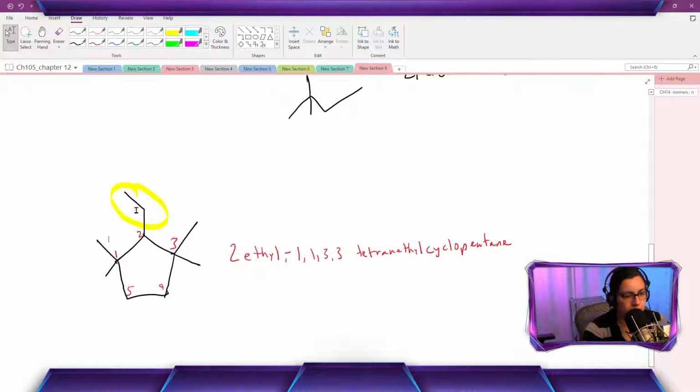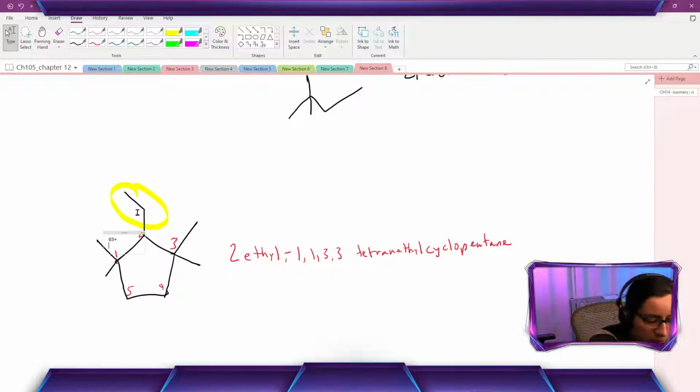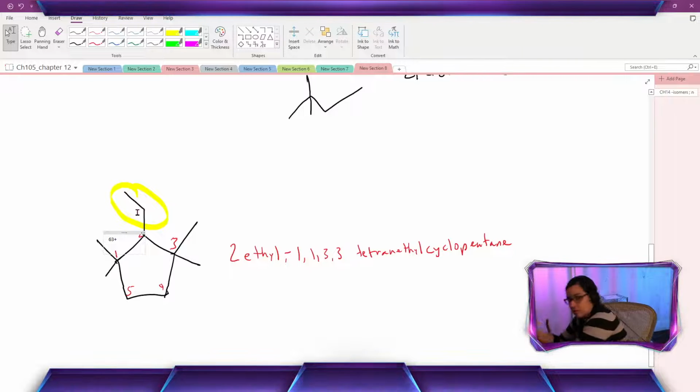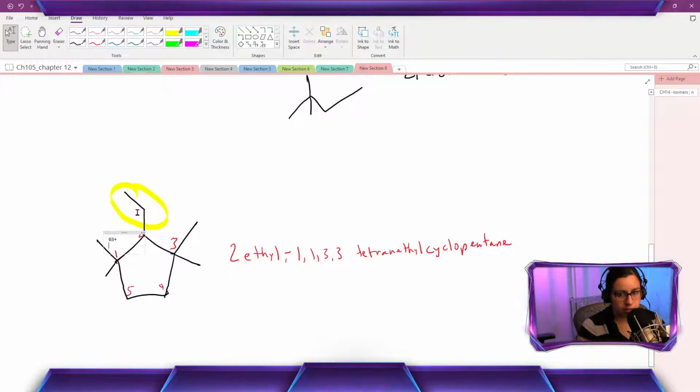So this is our ethyl group there. Yeah, no problem.